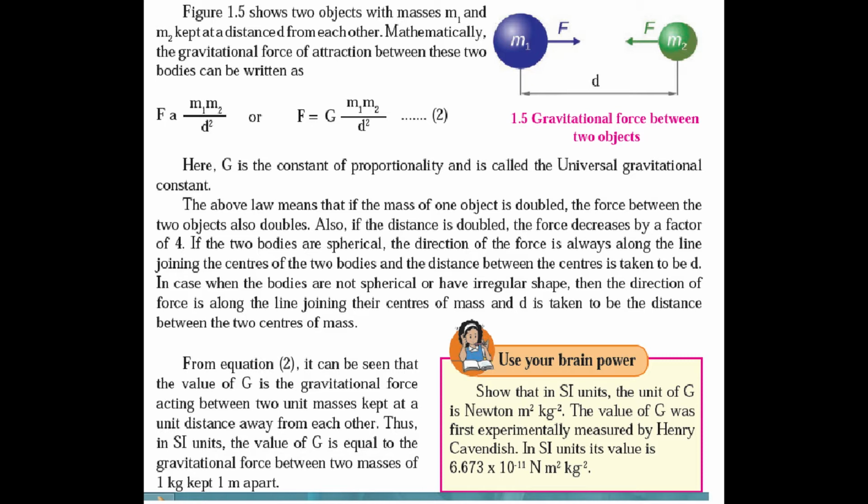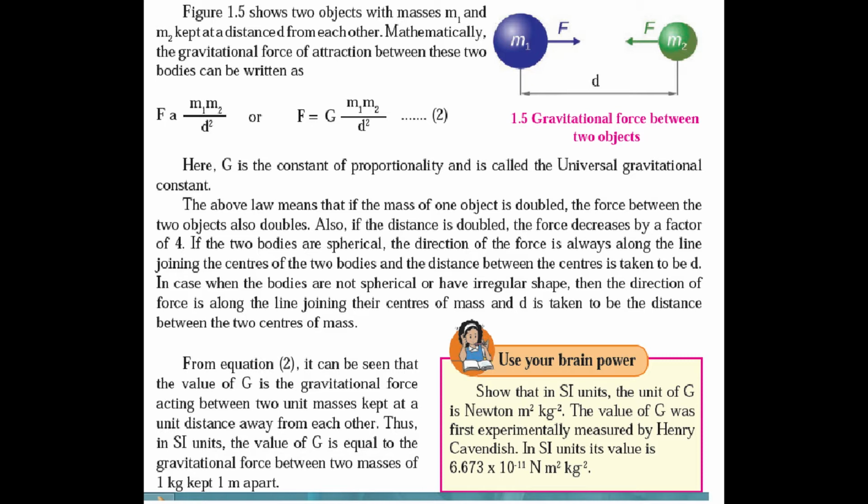Now from this equation, which is equation 2, we can see that the value of G is the gravitational force acting between two unit masses kept at a unit distance away from each other.